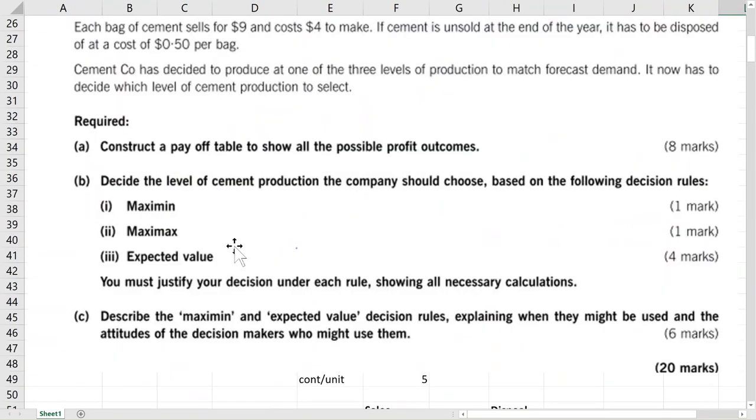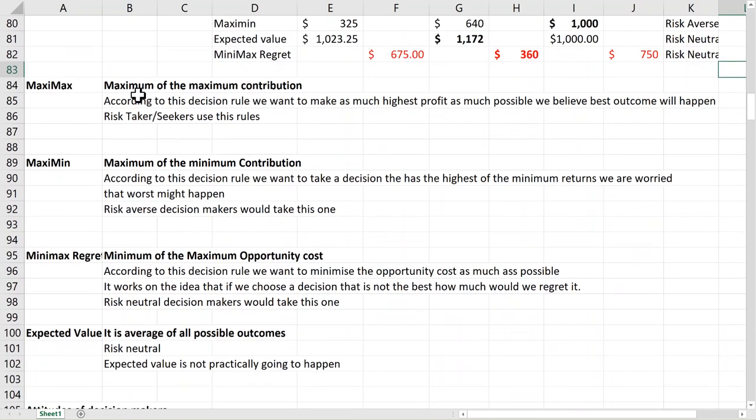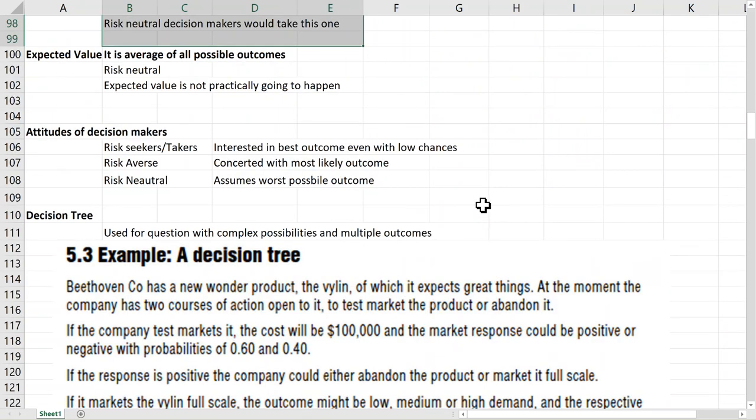So, the other requirement was to describe maximum expected value and the type of user that will use it. I've already explained that here. Remember, risk seekers, or risk takers, are those people that are interested in high risk.